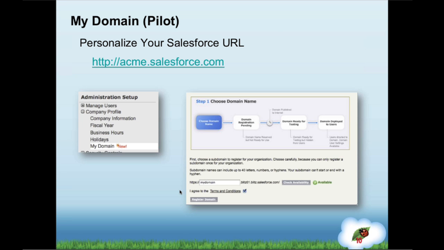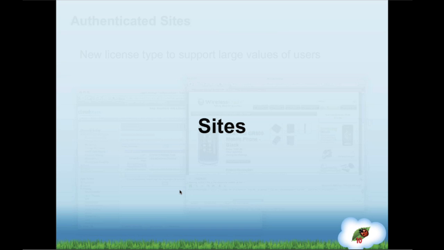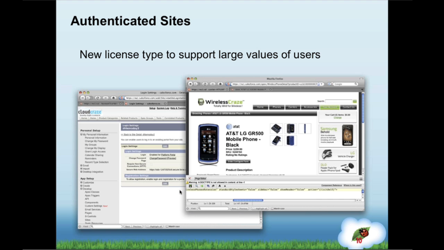When you participate in the pilot, under the administration area for your company profile, you'll see a menu item for My Domain, and you would go through the same process as choosing a domain as you would in registering a site, for example, where you check the availability and register it. There is a process of getting users migrated over to your new domain, so you want to have some procedures set in place to get everybody going to the right URL. But that's a high-level look at My Domain, which is coming in Spring 10.